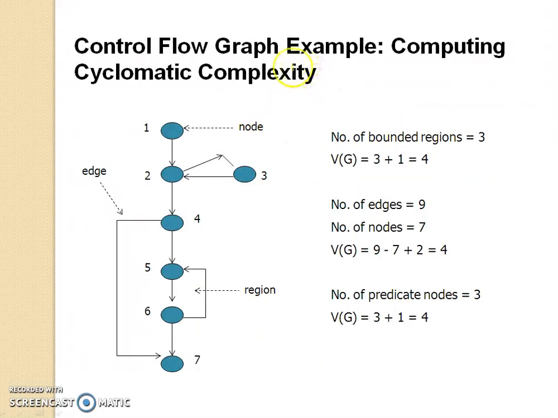For example, this is the example that we have taken. This is the beginning node. From here it traverses simply. From here it branches out and executes C and then comes back to 2. Here, as we can see, there is a loop condition. If it is true, it moves in here and then executes the statements.